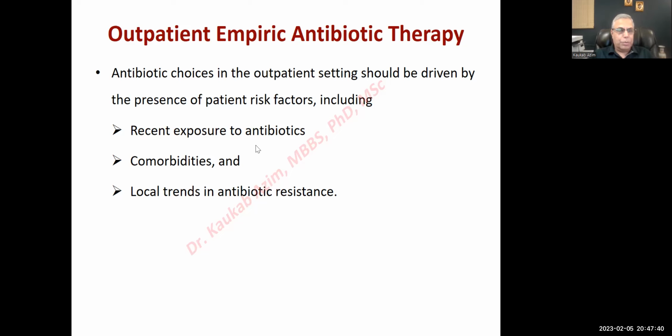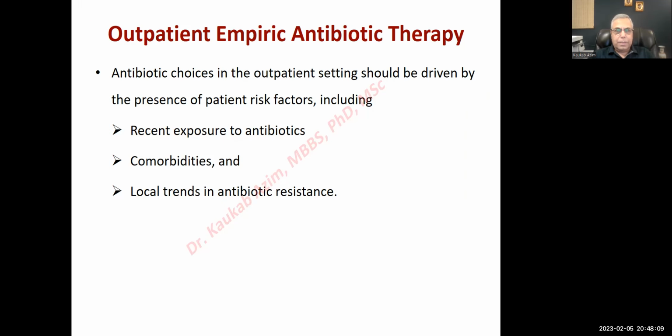By recent exposure to antibiotics, we mean in the previous 90 days or 3 months. If the patient has taken antibiotics in the previous 3 months, then we call that a recent exposure. Comorbidities, whether the patient has chronic kidney disease, diabetes, hypertension, whatever, okay? And local trends in antibiotic resistance, which you get from the antibiogram, which is prepared by the microbiology lab, okay?